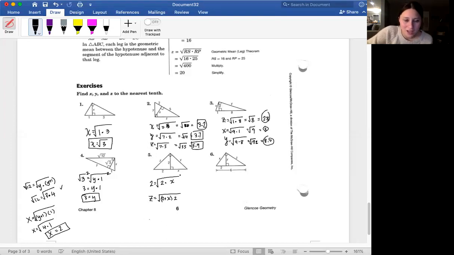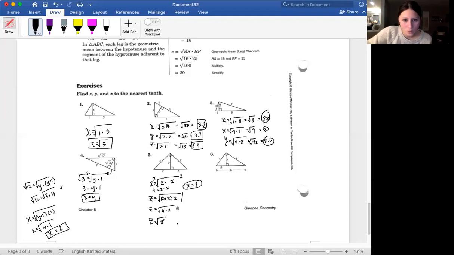So we can apply the same idea to get rid of this root. I can just square both sides. Now I have 4 equals 2 times x. Divide by 2 on both sides, x equals 2. That's going to be really helpful for me in solving z and y. So x equals 2. Plugging that in, 2 plus 2 is 4. 4 times 2 is 8. Z equals square root of 8.